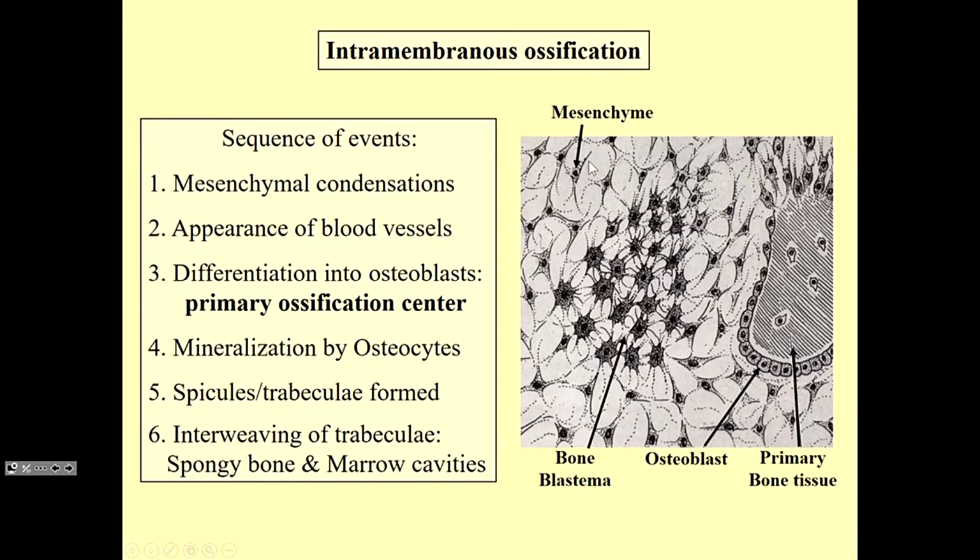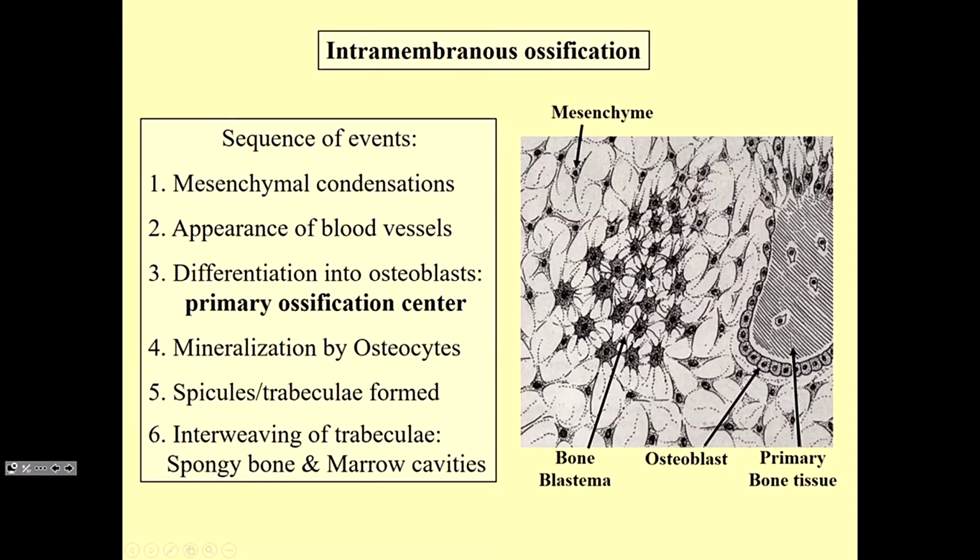Here's our mesenchymal cells, and they're being induced to differentiate into osteoblasts. Now sometimes you'll see the term bone blastema. Bone blastema refers to these plump cells that look like osteoblasts that have not yet attached to the bone, but they look like an osteoblast.